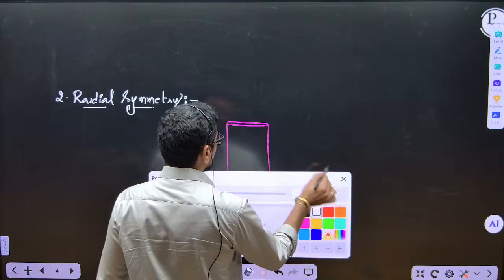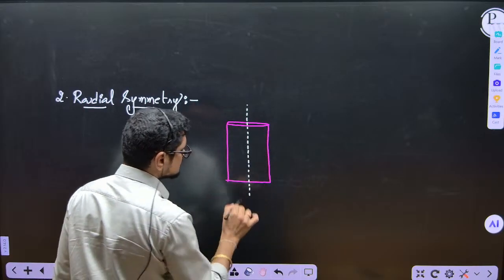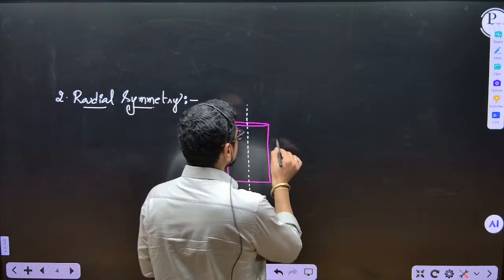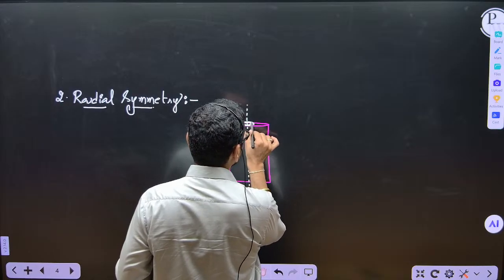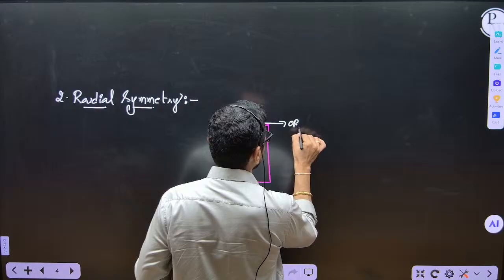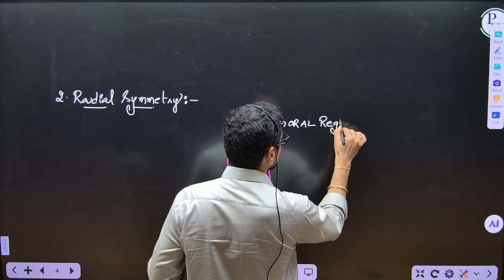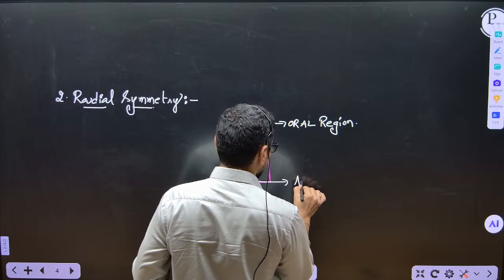Now we can cut the animal into two equal halves when the division passes like this, right? Now, just understand. See here, this is an area where the mouth is present. This is called the oral region. And the opposite end is called the aboral region.